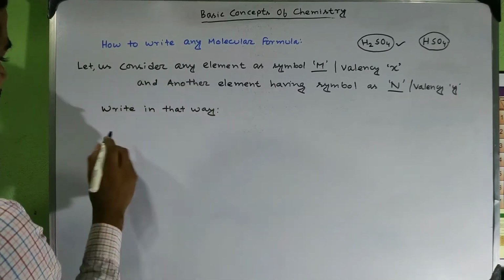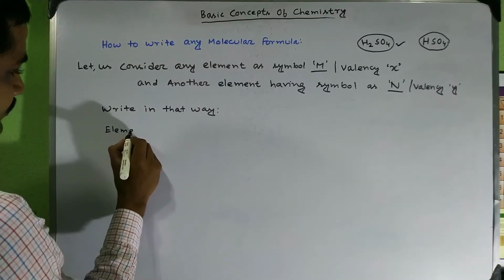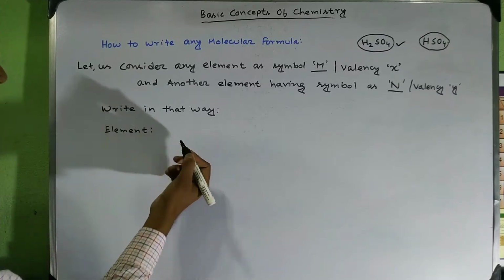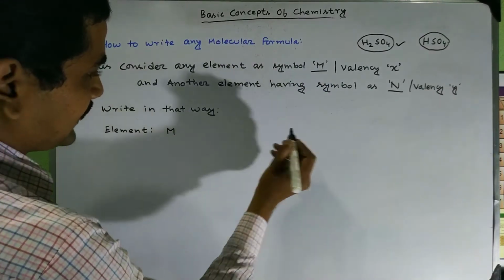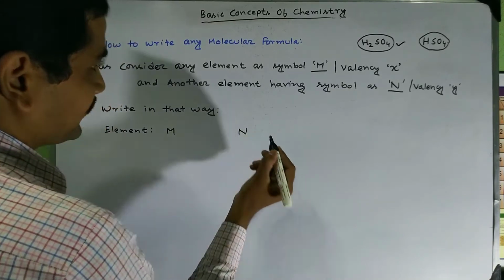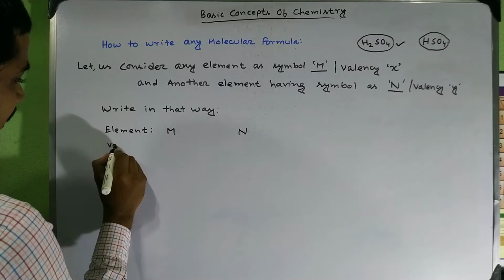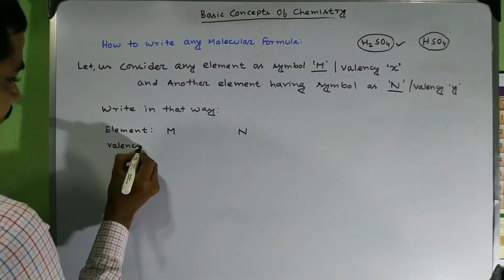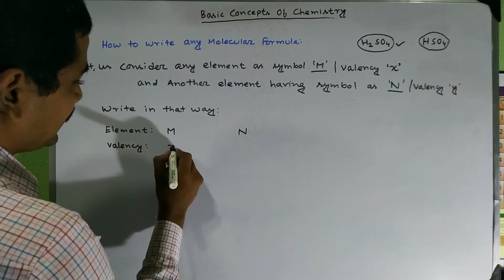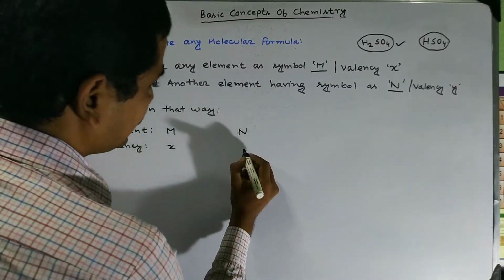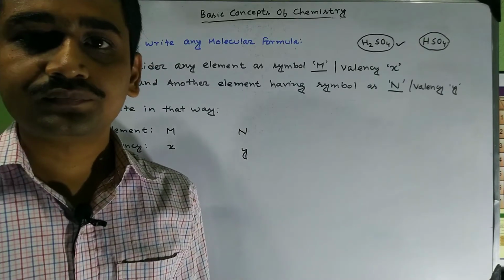Now let us write it. The first element is M, and the other element is N. The valency of M is X and the valency of N is Y. Clear, student?